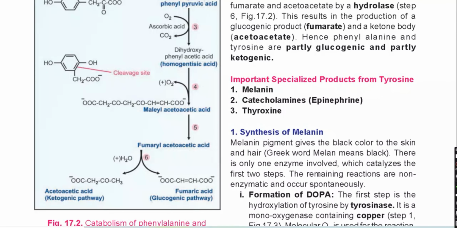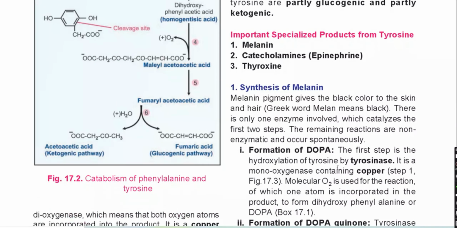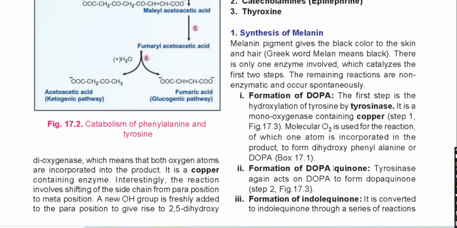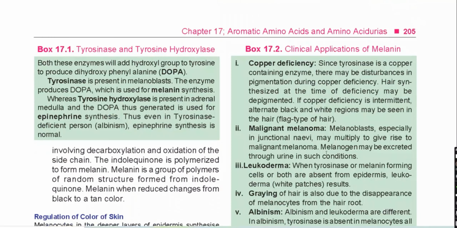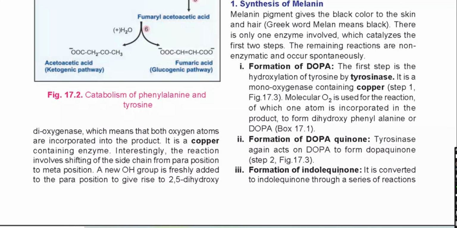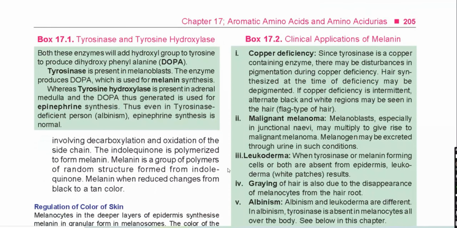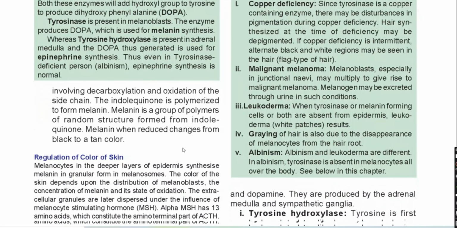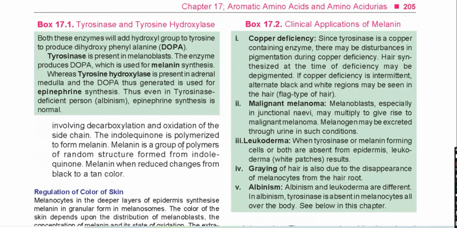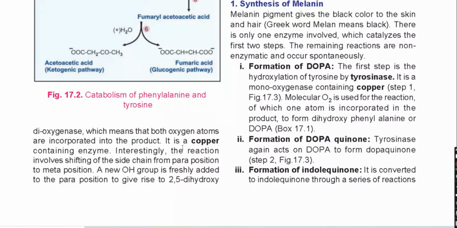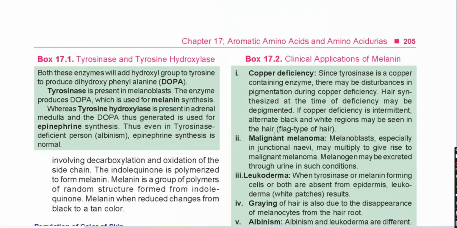The enzymatic reactions are the formation of dopa and then dopaquinone, and after that the formation of indole quinone, which will form melanin. We will discuss this reaction sequence in our lectures, and also the importance of melanin as well as the amino acid tyrosine.